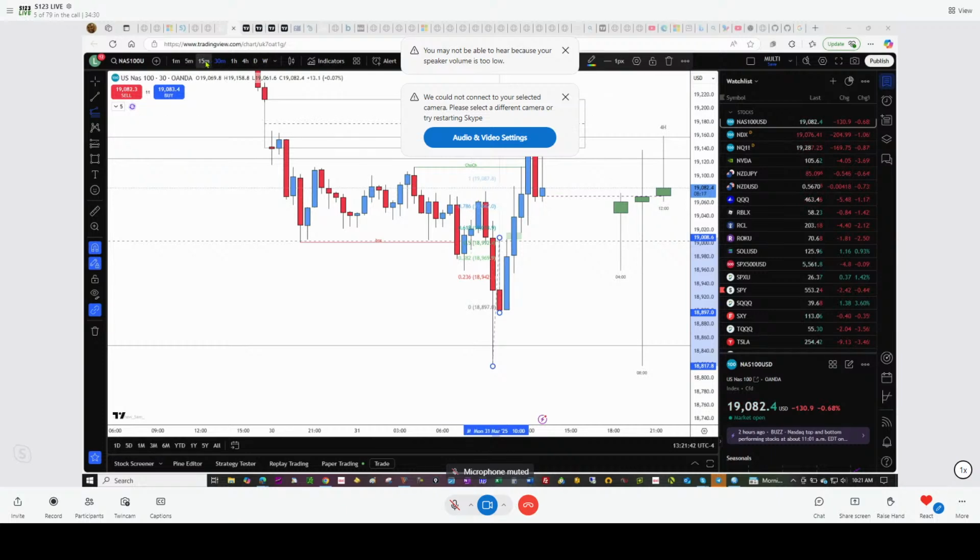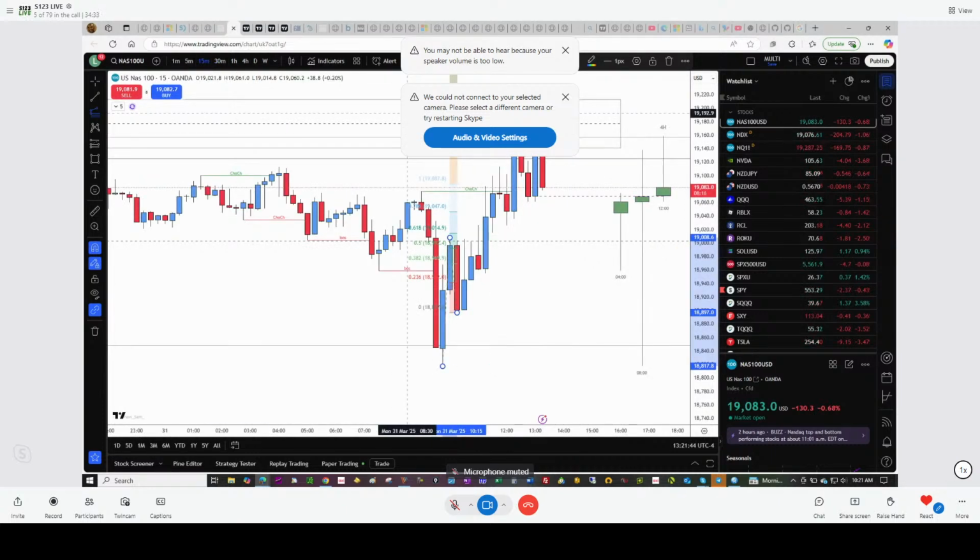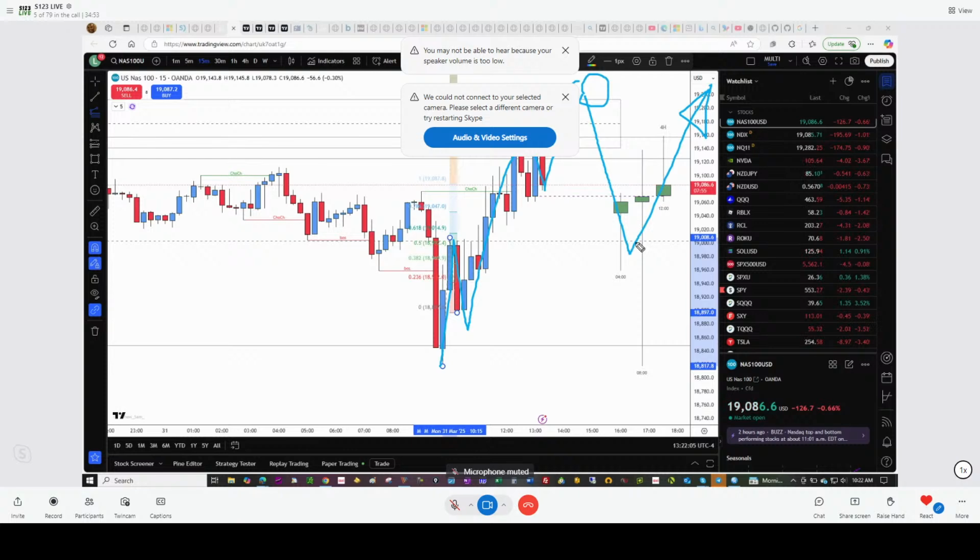All right, so I'm going to go back to the 15 so that we can still see it there. So there's my 1, 2, 3 bottom. This would be our structure. We get a structure move to the upside. That's what I'd be looking for here. After that, if that does play out, then we would look for a retrace and a continuation, or a retrace and another retrace and a continuation to the downside.